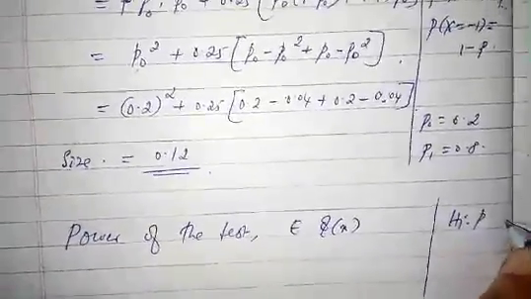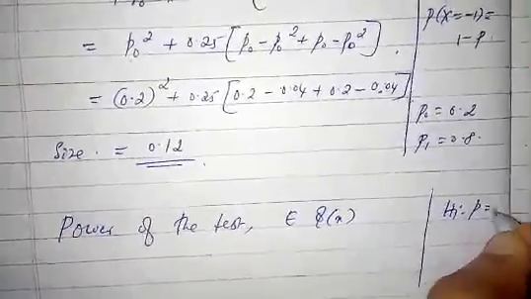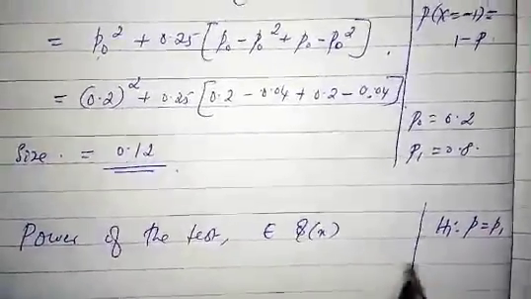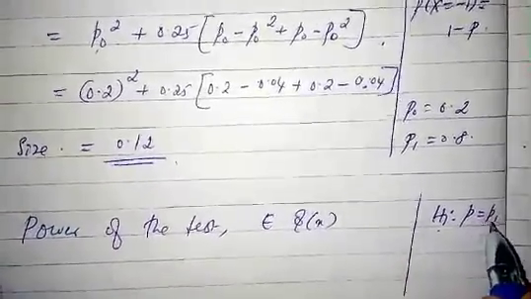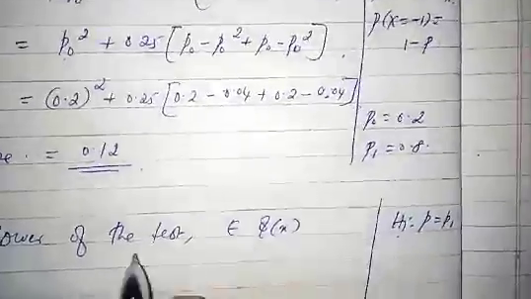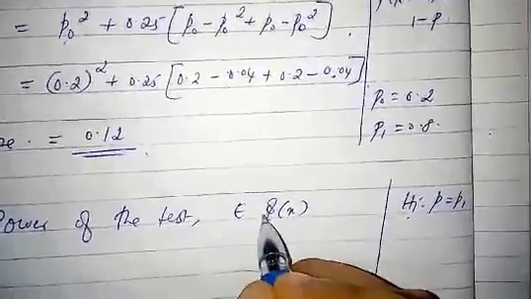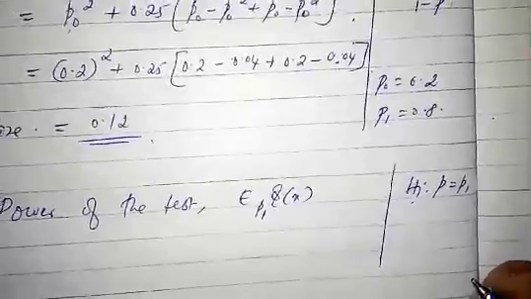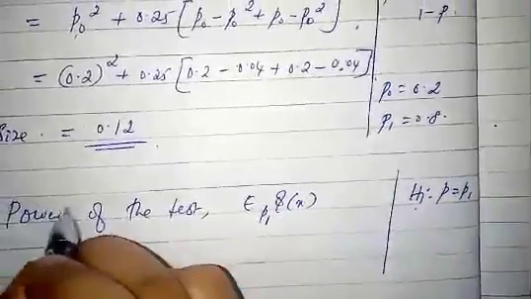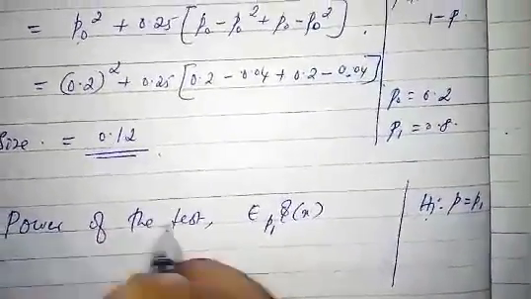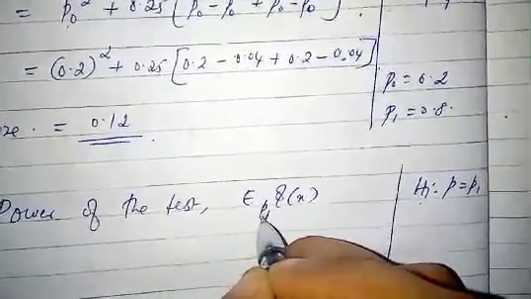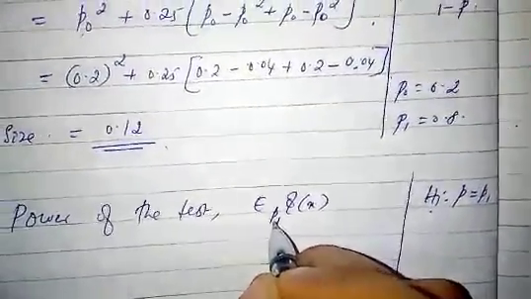In this case, H1: p equal to p1. Then power of the test is expectation of phi of x under p1. Here it is the power of the test, not the power function. That is expectation of phi of x under the alternative hypothesis, that means p1.